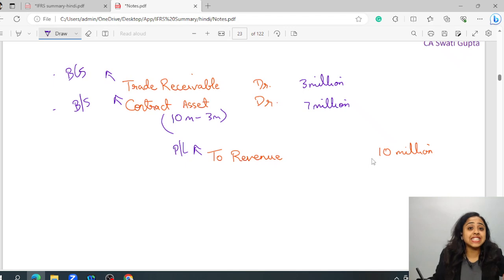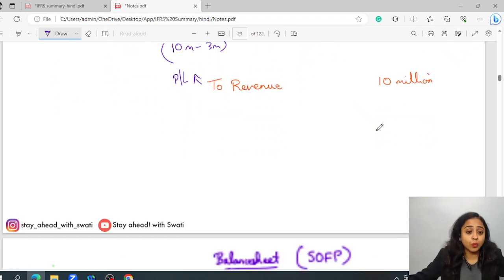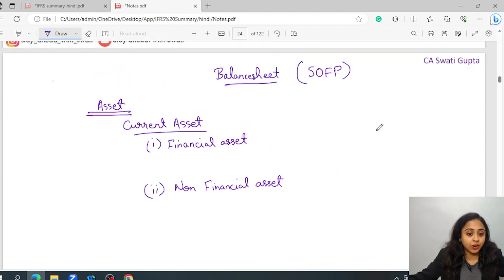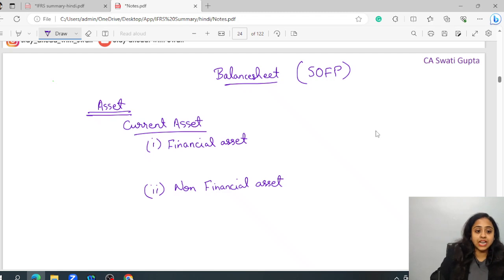Now let's see how it impacts your balance sheet, because we know one is a financial instrument and the other is not. In your balance sheet, that is the statement of financial position, when you go to the asset side, there come non-current assets and current assets. Right now we are only considering current assets. Under current assets, you have financial assets and non-financial assets.